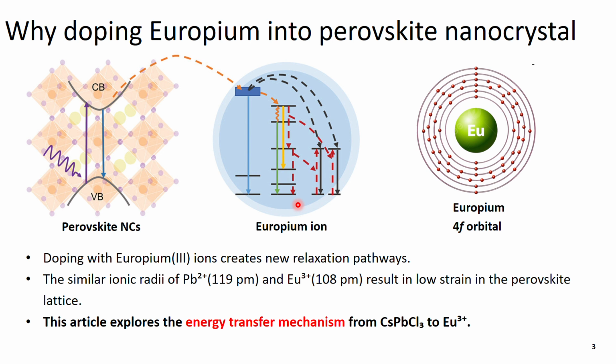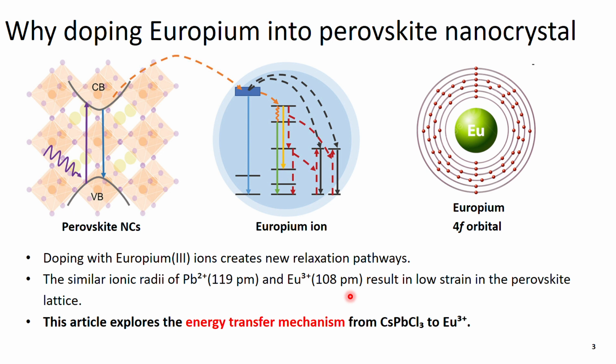And why we choose the europium ion is that it has an ionic radius similar to lead. The lead is 119 and the europium ion is 108. So this matched ionic radius results in lower strain in the perovskite lattice, making the perovskite nanocrystal more stable.